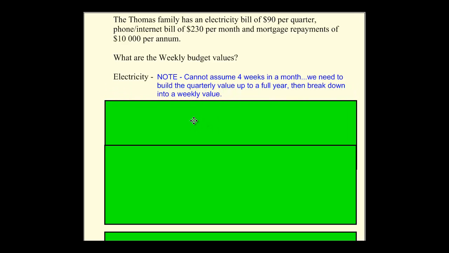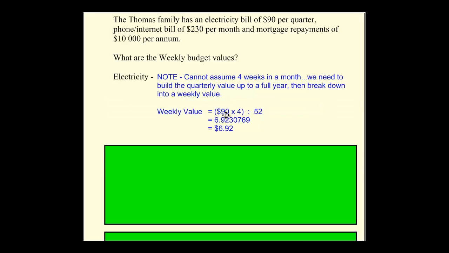It's important to note that for $90 per quarter, we cannot simply assume 4 weeks in a month. If we do that, we're going to have 4 weeks by 12 months in a year, and we're only going to end up with 48 weeks in a year, and we know that there's 52. So what we have to do is get the quarterly value, build it up into a yearly value by timesing it by 4, and then dividing by 52 to get the weekly value.